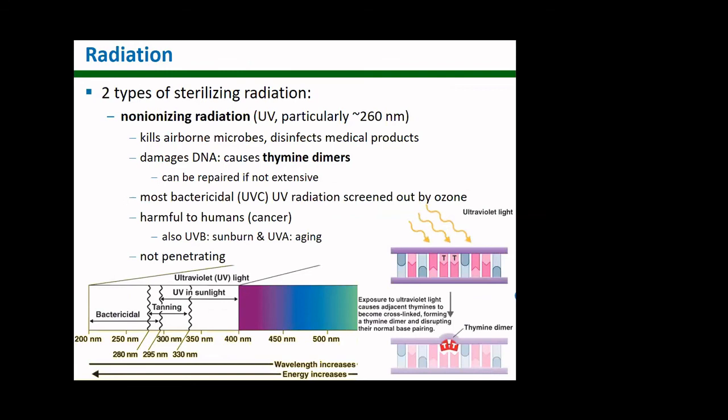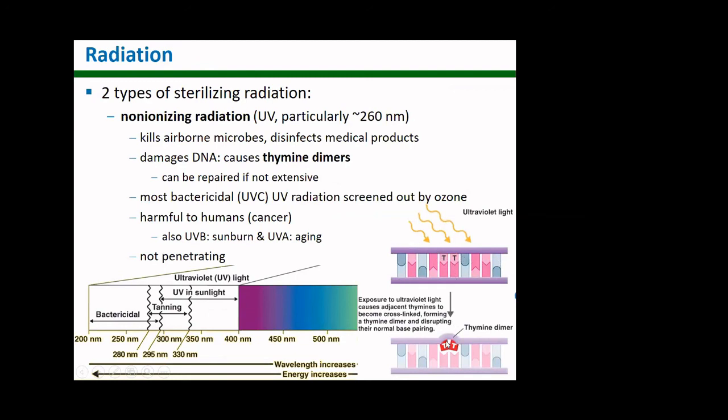For example, non-ionizing or ultraviolet radiation can kill airborne microbes and disinfect medical products because it specifically causes thymine dimers in our DNA. Now, thymine dimers happen when you have two T's in a strand of DNA next to each other.